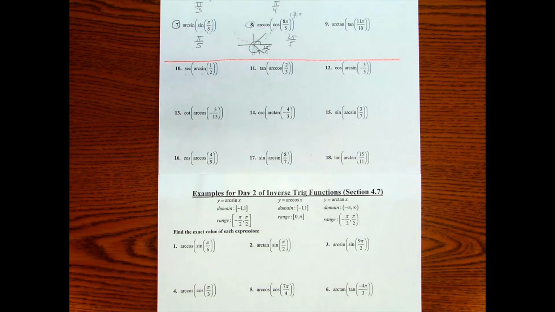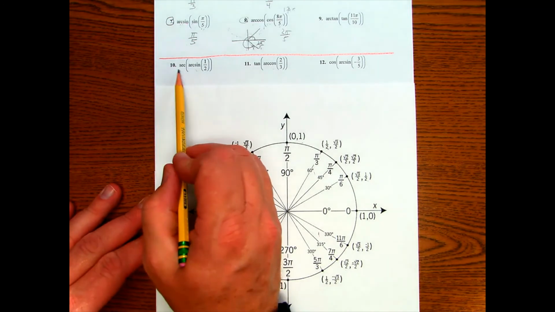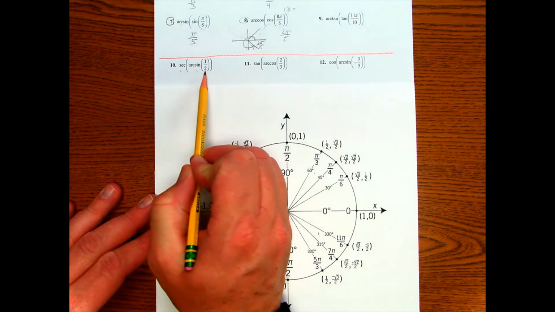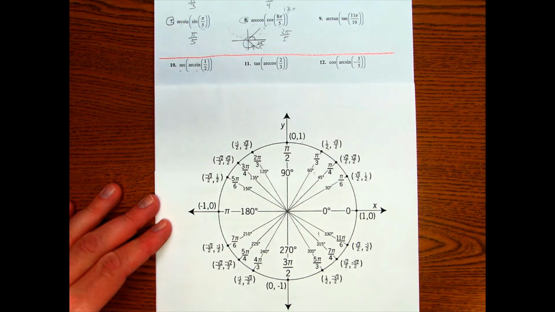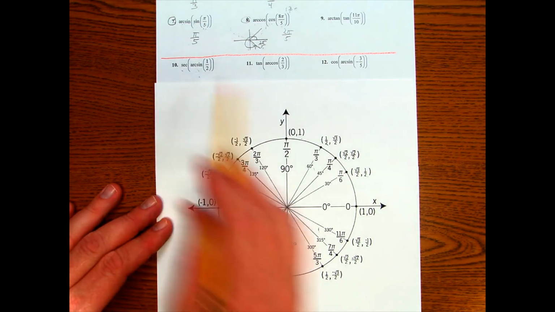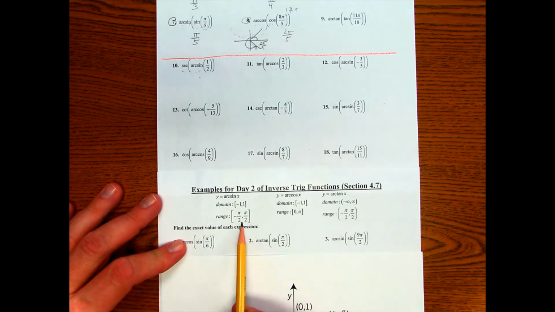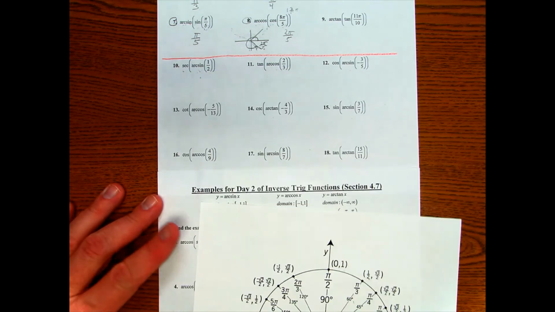Okay, number 10. This is one we can get directly from the unit circle. The secant of the arc sine of 1/2. The arc sine of 1/2, we can evaluate that right from the unit circle. The sine of what angle is a half, making sure that we answer in this interval right here, pi over 6.